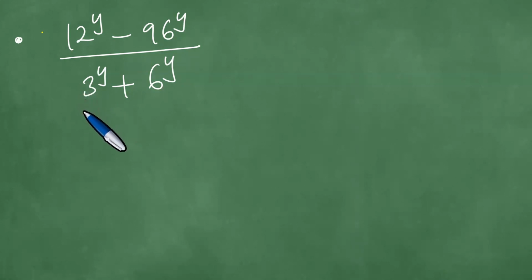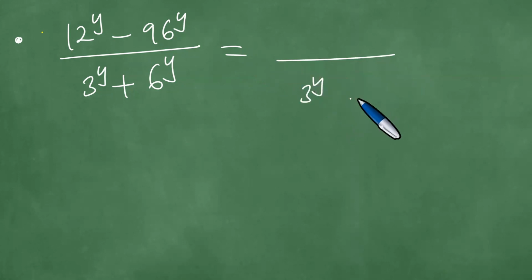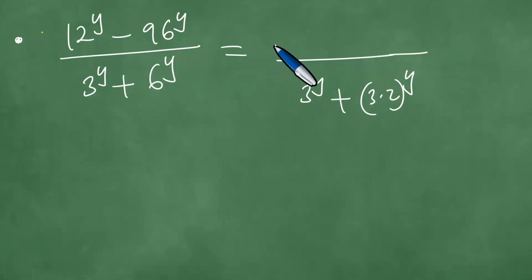So make sure that you make everything to base 3. So this one is going to become 3 to the y. The 6 is 3 times 2 to the power y. The 12 is 3 times 4 to the power y.